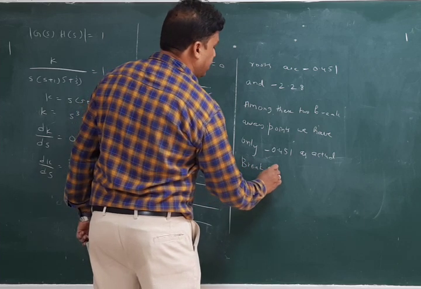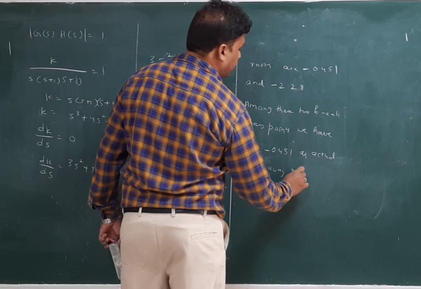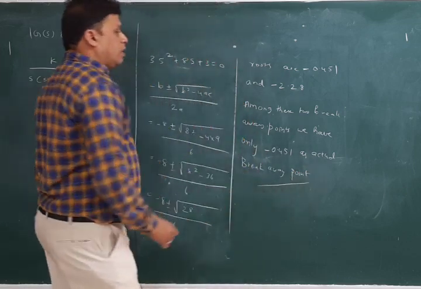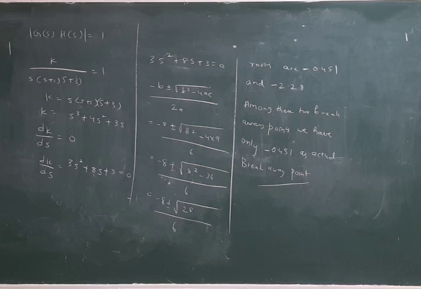Minus 2.28 is not considered because it does not come in the root locus. The next step is finding how to draw the root locus.